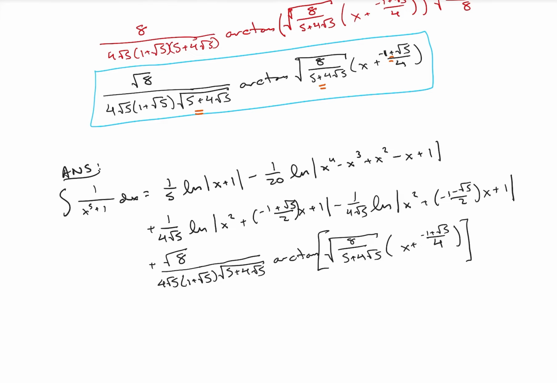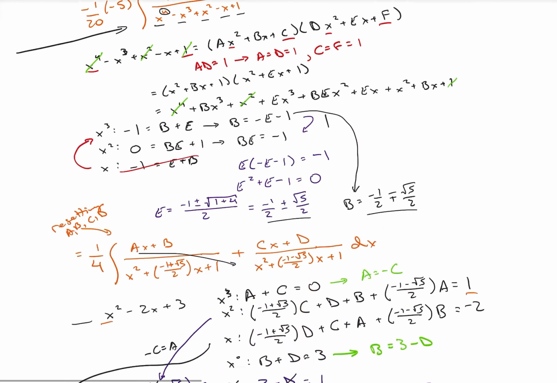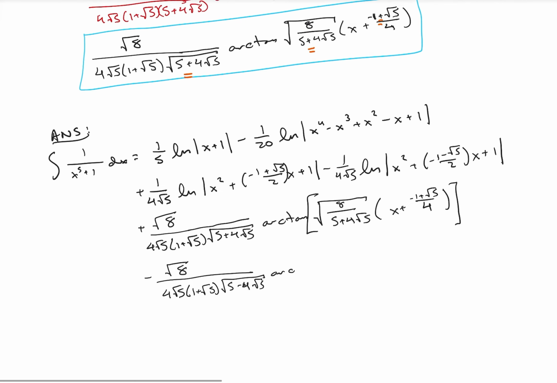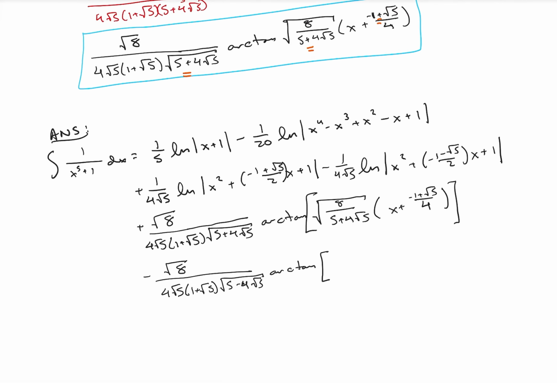And then I'm going to have my last term, which is going to end up being negative square root of 8 over 4 square root of 5 times 1 plus square root of 5 times square root of 5 minus 4 square root of 5 arctan of the square root of 8 over 5 minus 4 square root of 5 times x plus negative 1 minus root 5 over 4. And that is our solution.